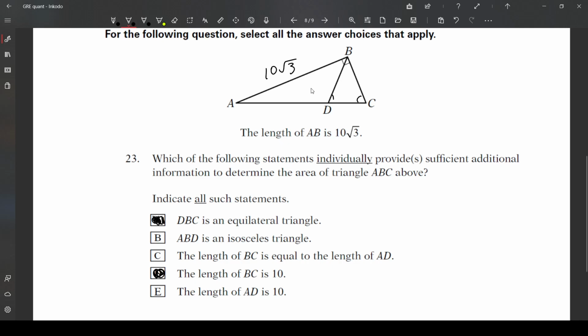ABD is isosceles. So this has to be less than 90, and this is obviously less than 90. So these have to be the ones that are equal, because if these two were equal, then if they were equal, since this is less than 90, this would be less than 90, and then this would be, well, no, that would be fine.